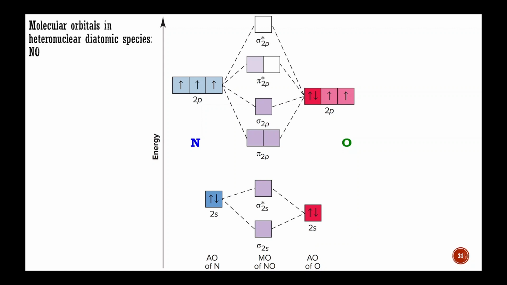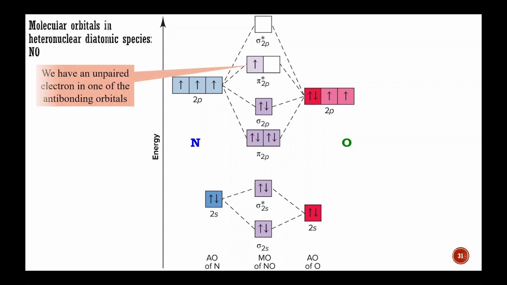Altogether, we have 8 atomic orbitals, which combine to give us 8 molecular orbitals. If we now fill in the molecular orbitals with the electrons from the atomic orbitals, we will get the following picture. Note that in molecular orbitals, not all electrons are paired, as we end up with an unpaired electron in one of the antibonding orbitals.